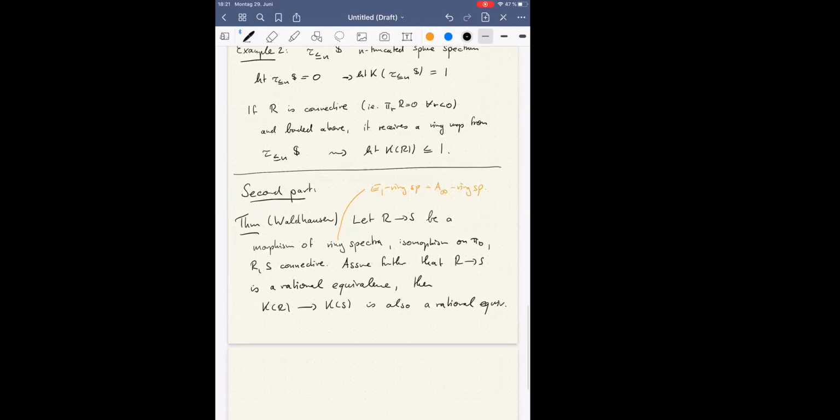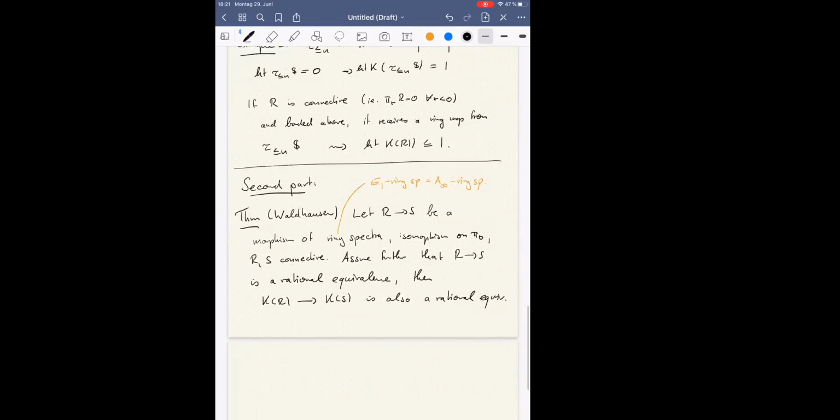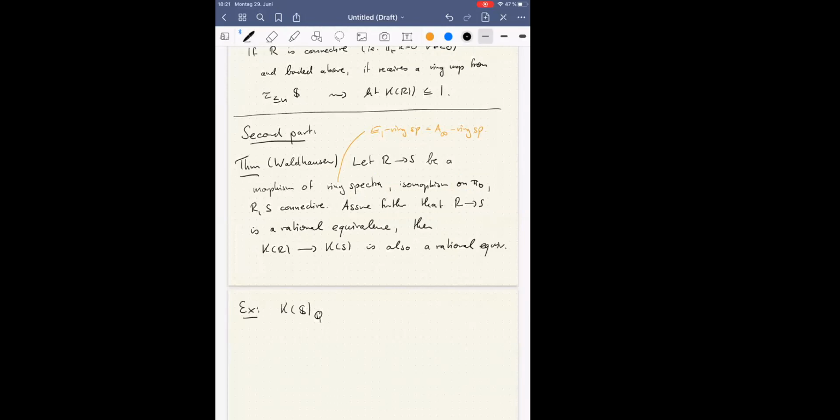A standard example: say we want to compute the rational K-theory of the sphere spectrum. It's interesting for a variety of reasons, some coming from geometric topology. We have a map from the sphere spectrum to the integers by just truncating everything above degree 0.